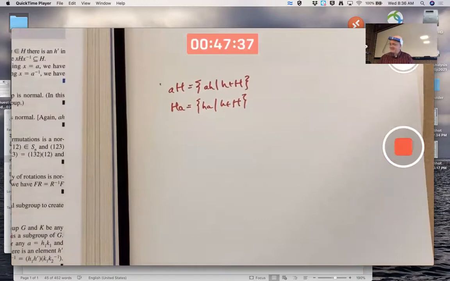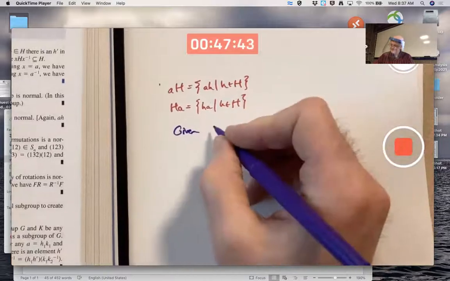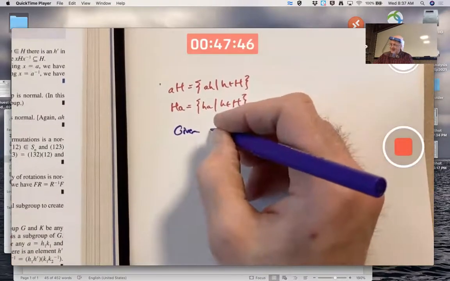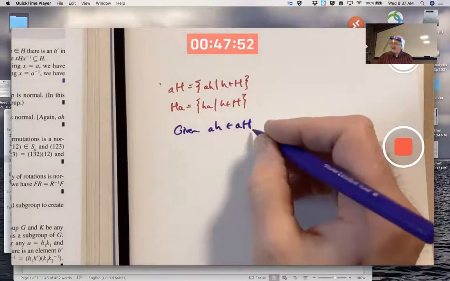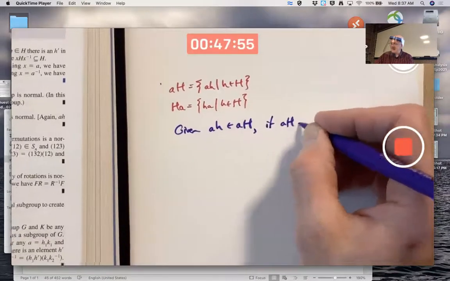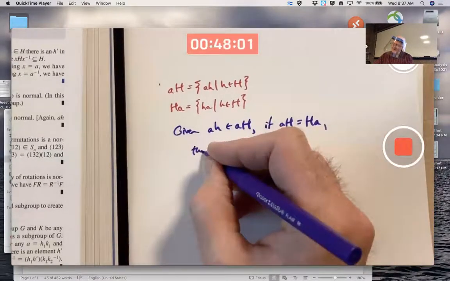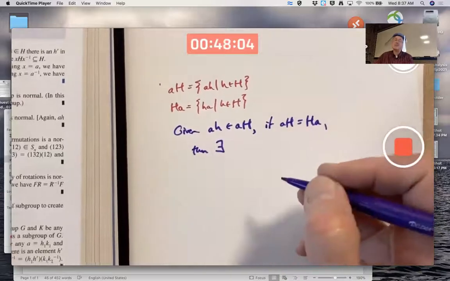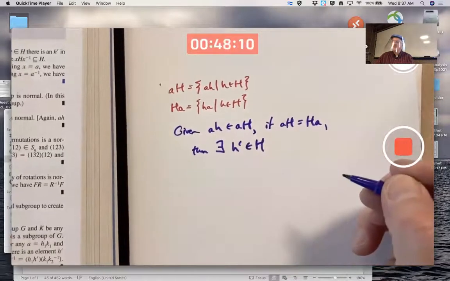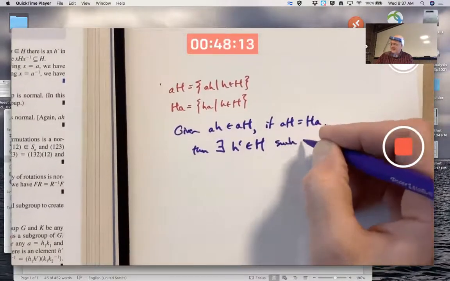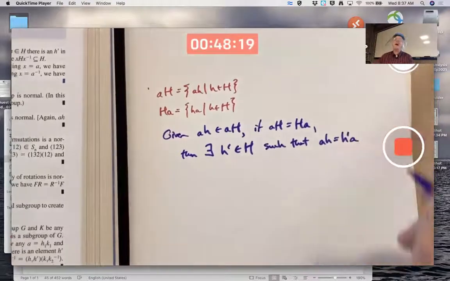It means, given an arbitrary element of aH, say write it a times little h, if aH equals Ha, then there exists an element of H, possibly different from the little h here, call it h prime, such that a times little h equals h prime times a.